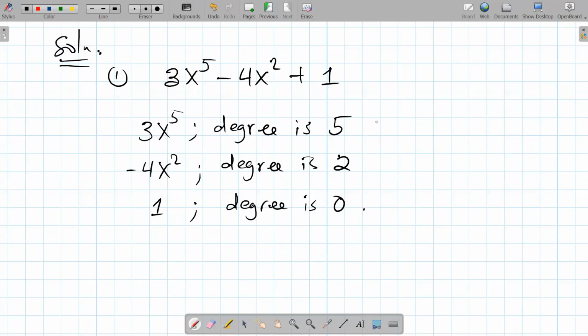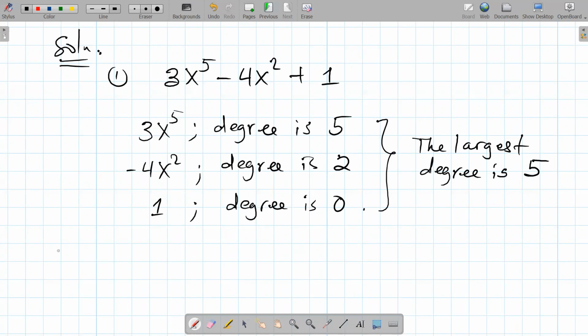So we see here that the largest degree is 5.